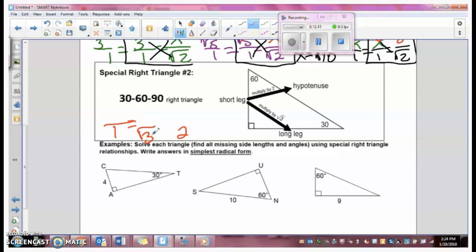So I think this is mostly all you need to know about this. This is just a handy shortcut to have when you happen to have triangles that are exactly 30, 60, 90 or exactly 45, 45, 90. Then you can skip all of the SOHCAHTOA stuff, and this should make those particular types of problems a little easier.